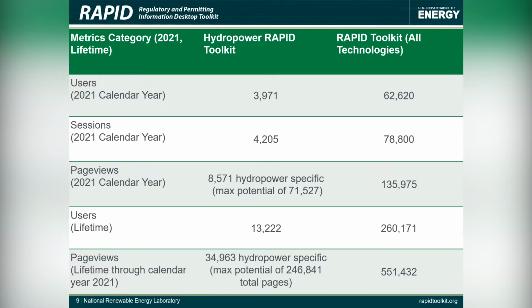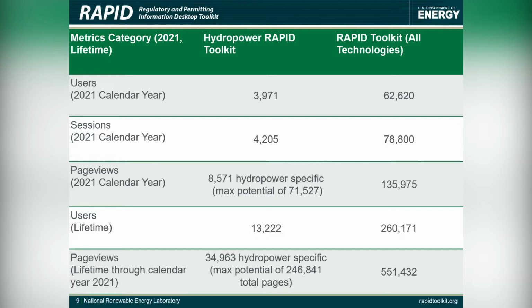This page view area here, we have a number of pages throughout the website, whether they are Endangered Species Act, NEPA, or other topics that are really technology agnostic, which makes it difficult for us to track a specific technology someone is accessing that page for. So pages that are only hydropower relevant, we saw a little over 8,500 page views, whereas pages that are shared across technologies, we saw a much larger number, those ones that are technology agnostic processes, over 70,000 page views.